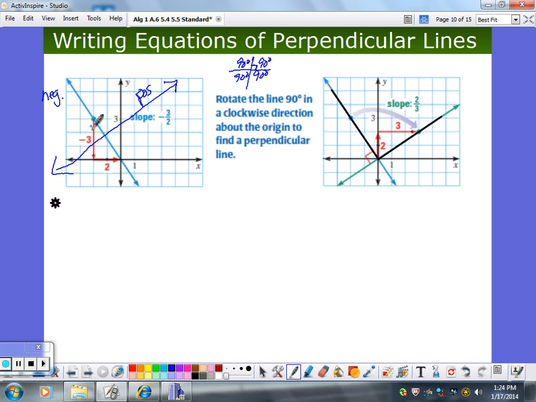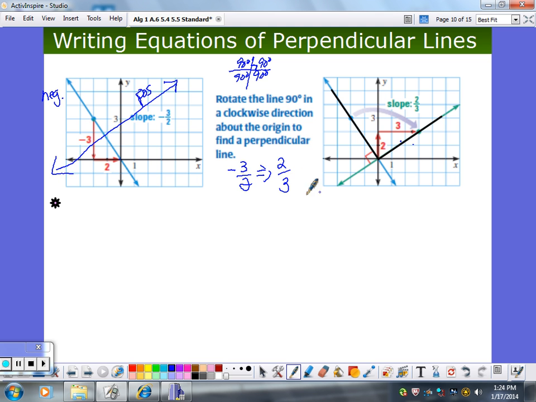So instead of going down 3, right 2, I'm going up 2, right 3, turning it on its side a little bit. It's a little hard to see, but I go from -3/2 to 2/3 as my perpendicular line.